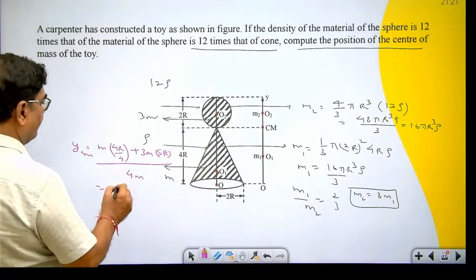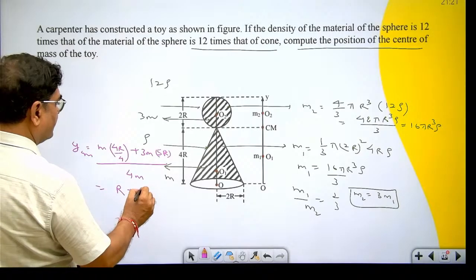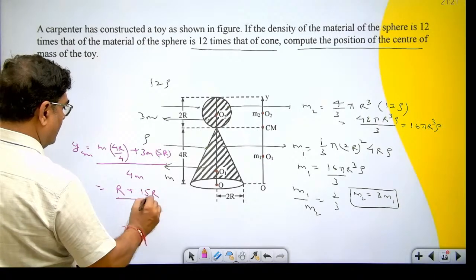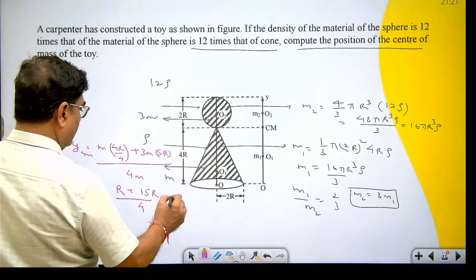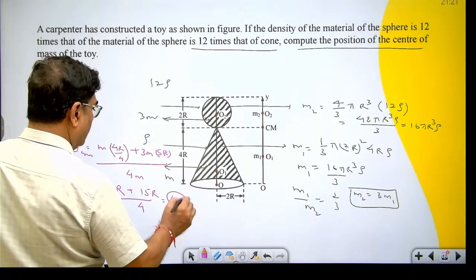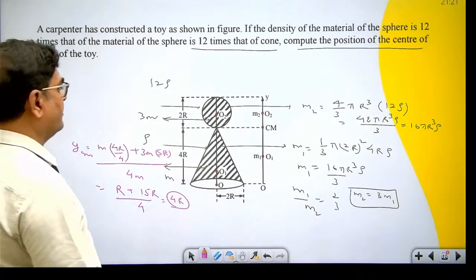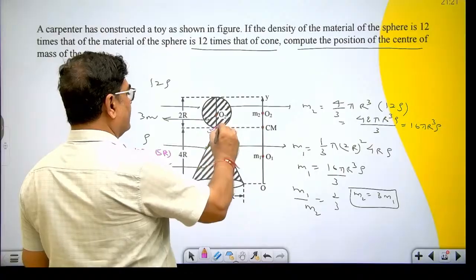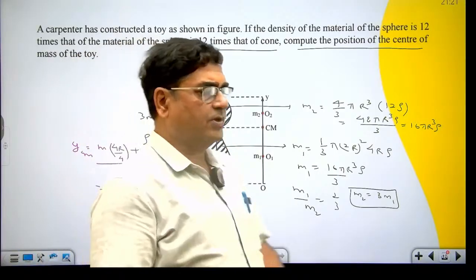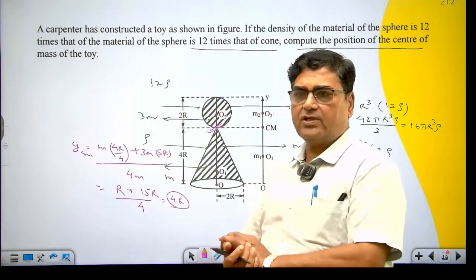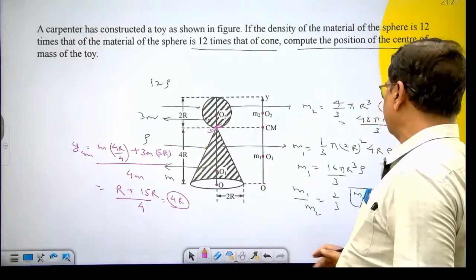After solving this, the m will get cancelled. This is r plus 15r upon 4, which is 16r upon 4, means 4r. This is the position of the center of mass. Means the center of mass will be located at this junction. Okay, so dear student, this is the solution for the question.